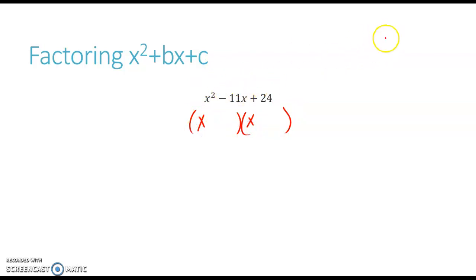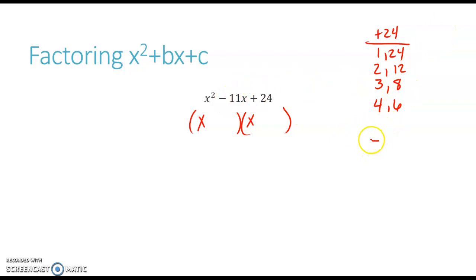From here, I know I need a positive 24, right? And so I have 1 and 24, 2 and 12, 3 and 8, 4 and 6. Those are my factors. I need what adds to a negative 11.